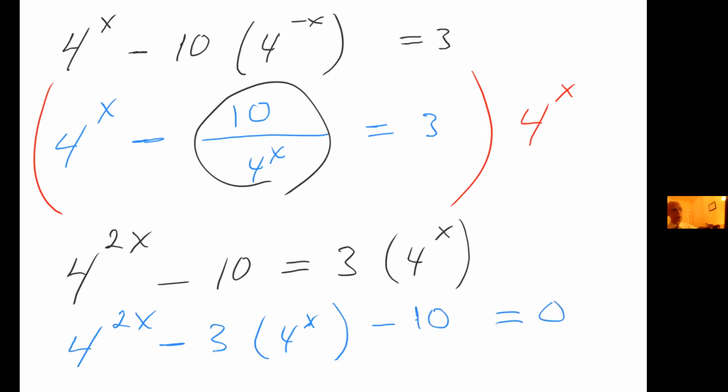Now, I'm going to go to the next page, and I'm going to use some sort of substitution. Here's what I mean. Let me start by writing that we left off at 4 to the power of 2x minus 3 times 4 to the power of x minus 10 equal 0.